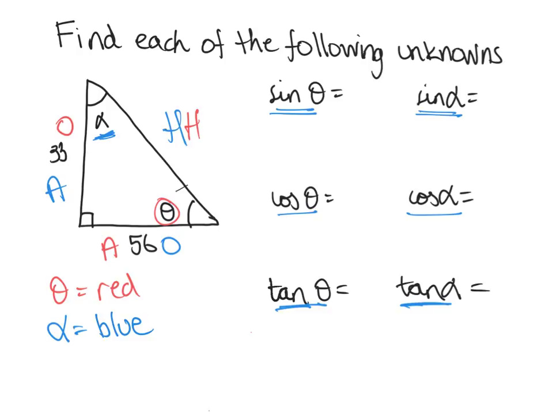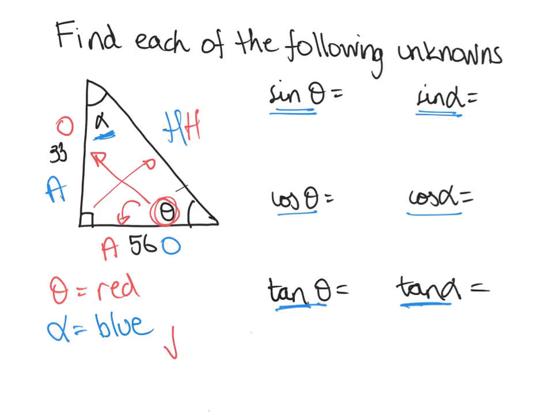Alrighty, now let's see. Let's do red for theta first. For theta here, here's the opposite side and here is the adjacent side, and the hypotenuse is right across from the right angle. We're probably going to need to use some Pythagoras theorem here to work out the hypotenuse.